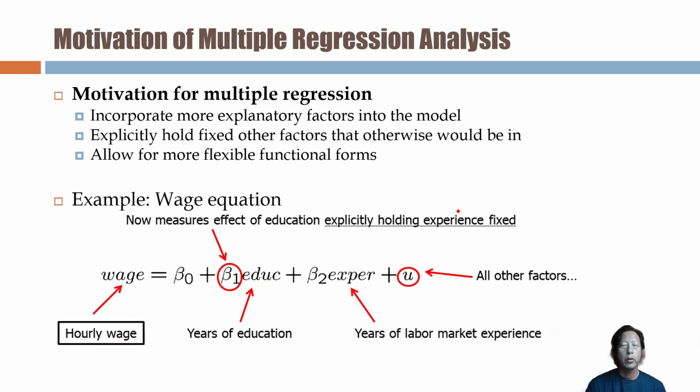So the motivation of multiple regression analysis is: what if we need more than one variable? We can put more explanatory factors into our model. What the coefficients mean is the effect of each factor if all the others stay the same.